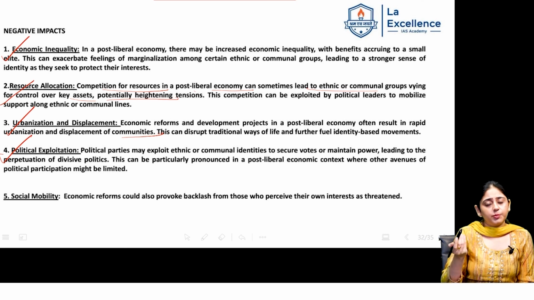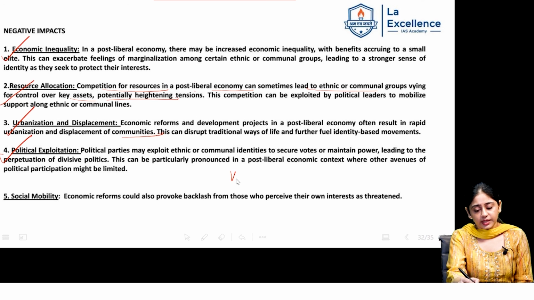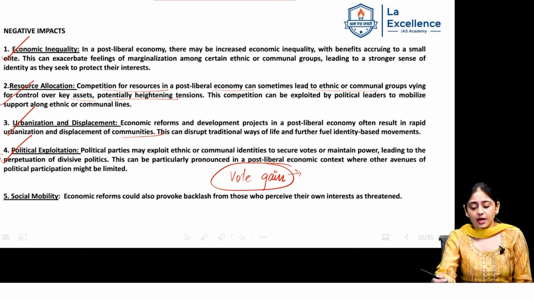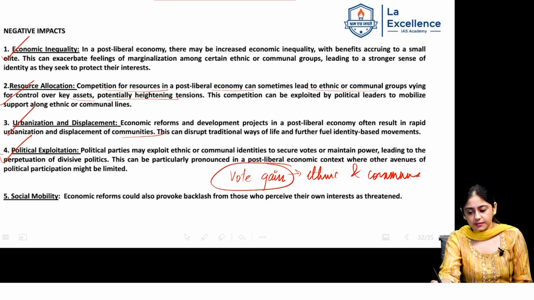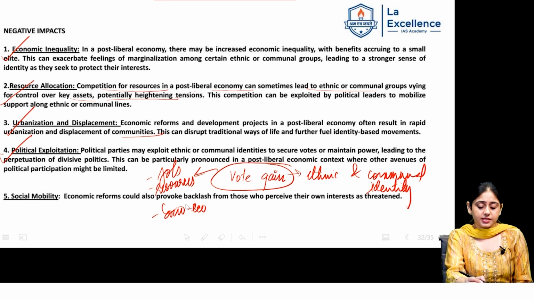Then your political exploitation, as we have read. Just for vote gain, in your post-LPG economy, they started exploiting your ethnic and communal identity. They said that, okay, if you are not getting jobs, if proper resources are not coming to you, or your socio-economic parameters are low, it is because of some other community.